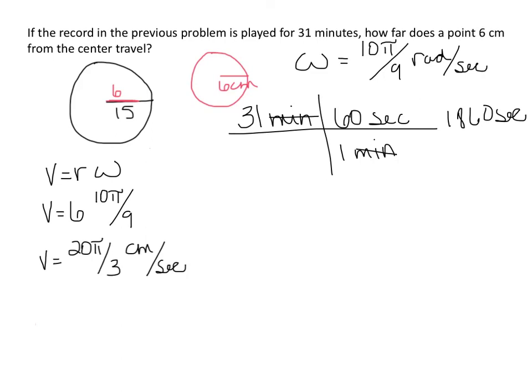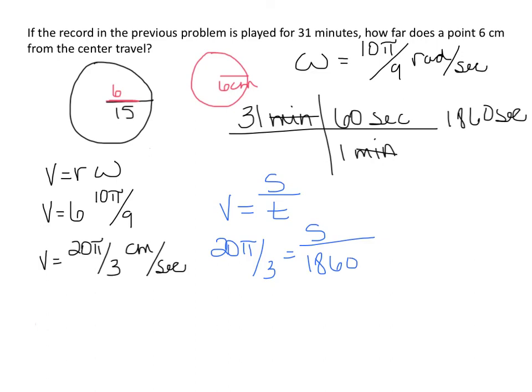Now we can use our formula that relates linear speed and time with arc length s. And that formula is v is equal to s over t. So I've been given linear speed v, 20 pi over 3. s is what I'm trying to find. t is 1,860.